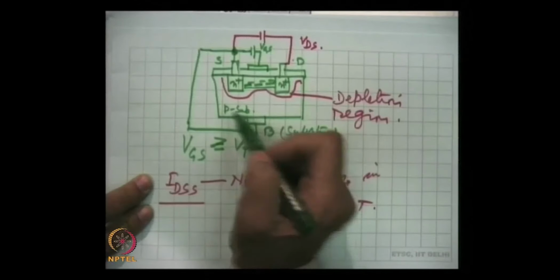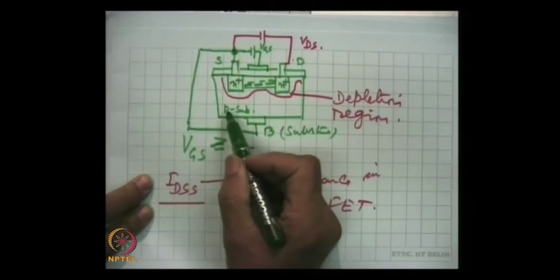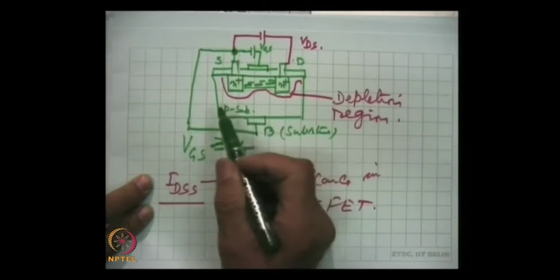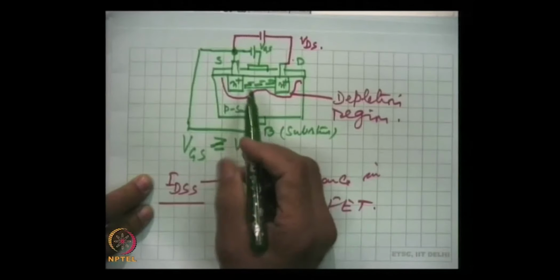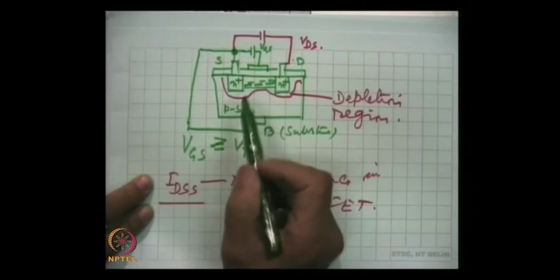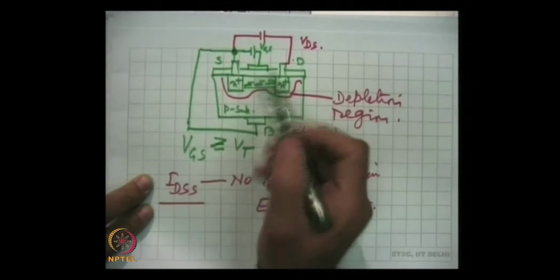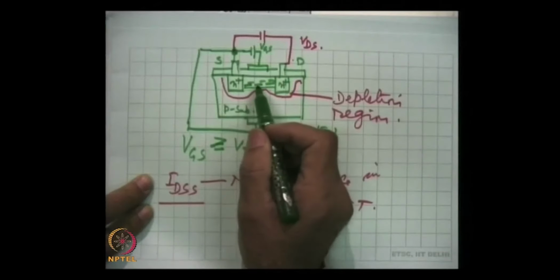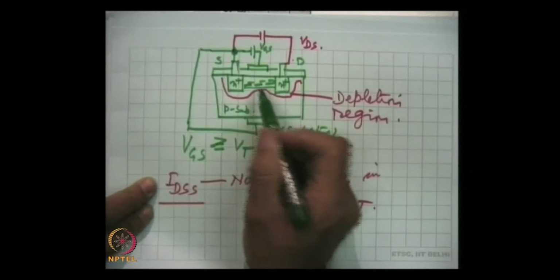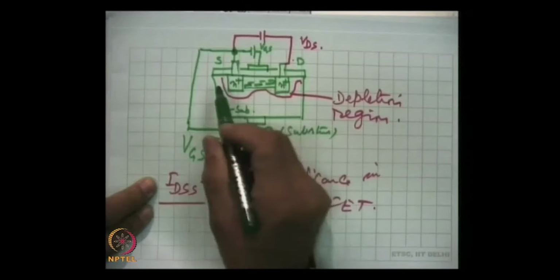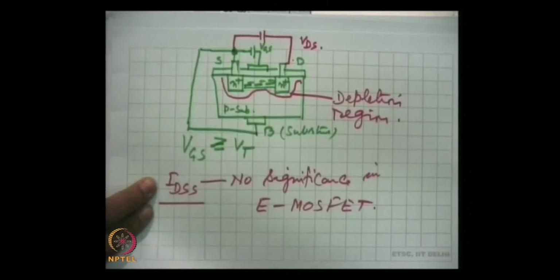So, construction is the same, except there we will have to start with n type substrate, and we will have to create p regions, and when the channel is formed, that will be formed because of the inversion layer, and the inversion layer will contain the holes, and the transport will occur because of holes.